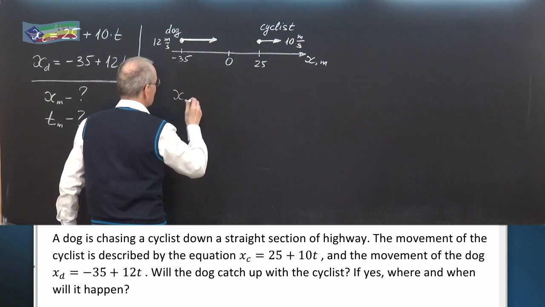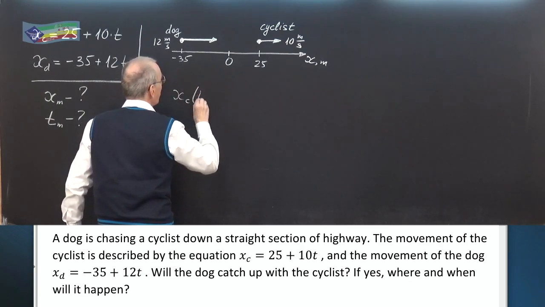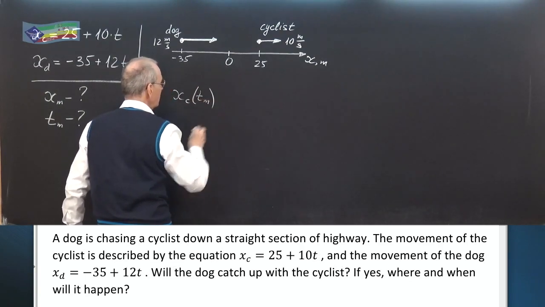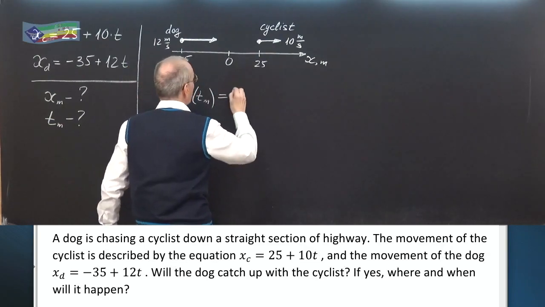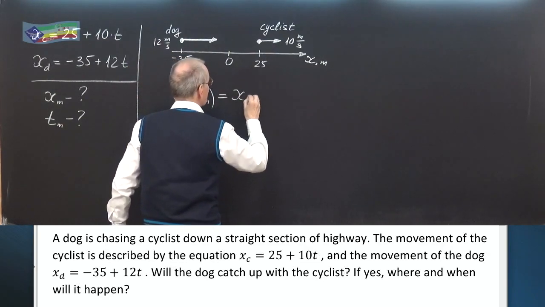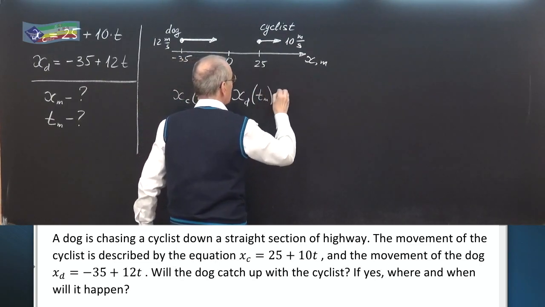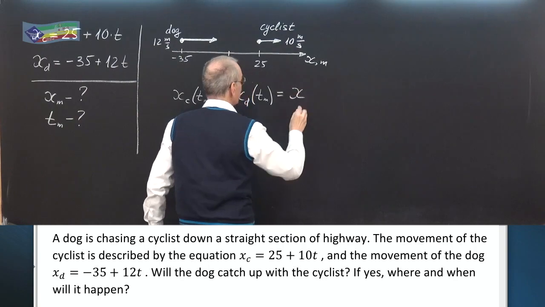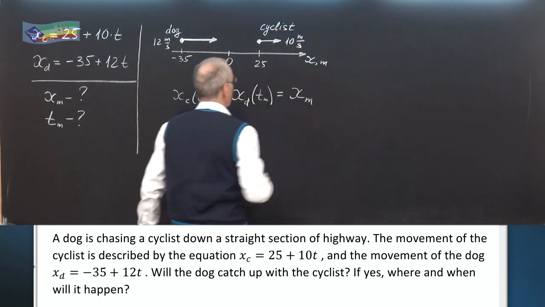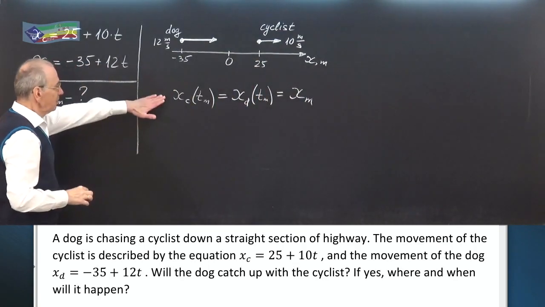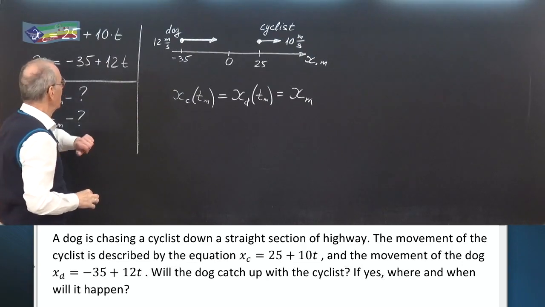X cyclist at the moment of meeting equals x dog at the moment of meeting, which equals the place of meeting, xm. This is the condition of a meeting.